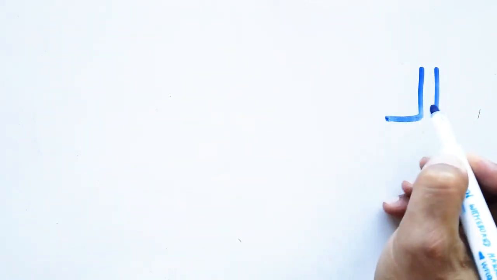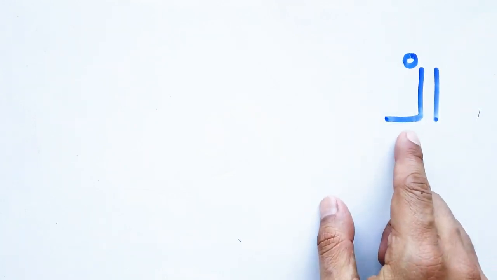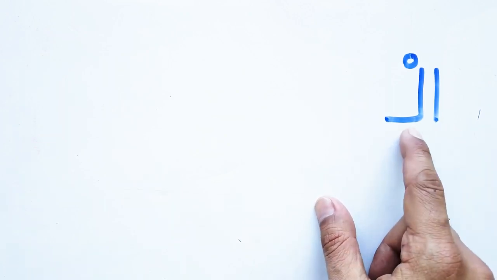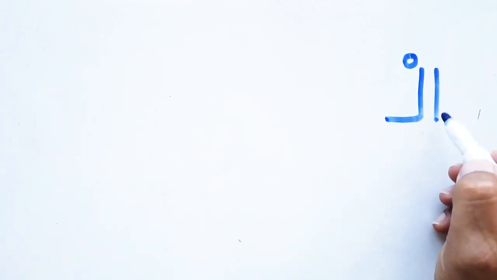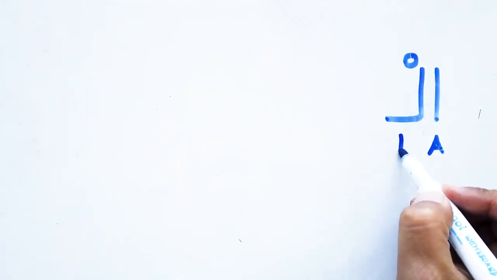That letter sounds like L, okay? We call it lam. And I'm gonna add sukoon here, this circle. It means I must pause on the letter. L. Let's put here. So the first one here sounds like A, and that one here sounds like L.